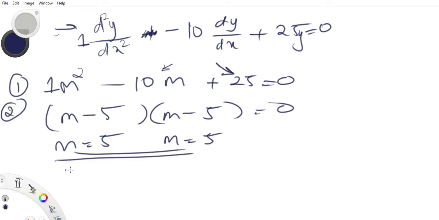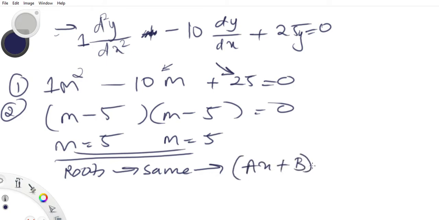These roots are the same. Following the rule that I used in the last slide, the solution to these roots, because they're the same, will follow ax plus b, e to the ax. If I'm not mistaken, but I make mistakes, so I'm just double checking. Yeah, e to the ax.